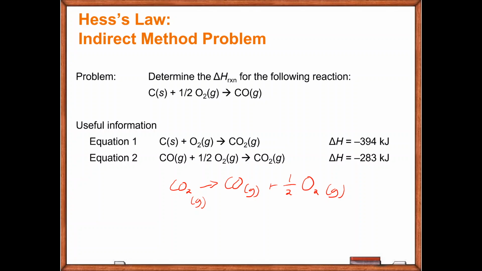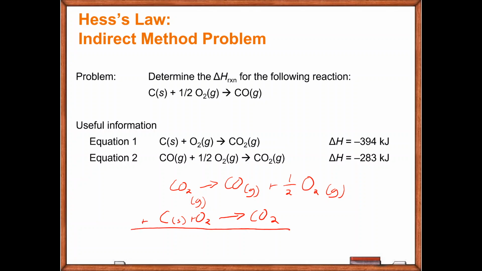Okay, and then if I add together my original reaction, let me give myself some more space here. So if I write this, C solid plus O2, sorry, this is supposed to be carbon, gives me CO2. Then I add these together.